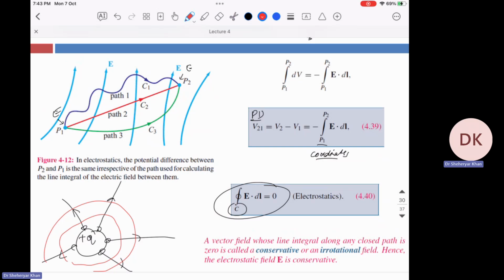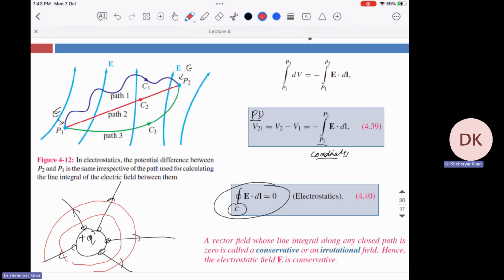If you move from here, the electric field decreases, as 1 over 4 pi epsilon naught r squared. It decreases with the square of the distance. If you move away, you will find E decreases, and so does the voltage. So the voltage here and here are different.